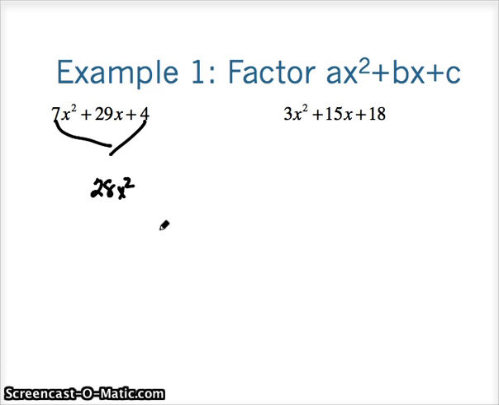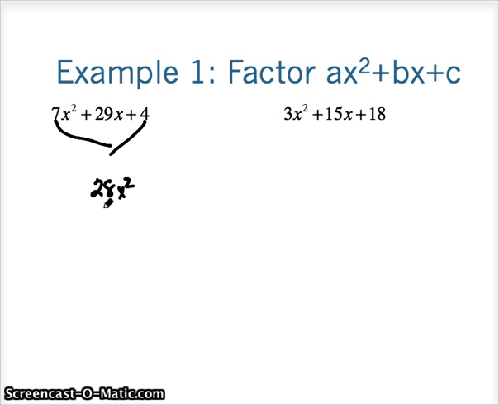That's the first step. Then the next step is to rewrite the problem such that you are replacing 29x with the sum of two numbers that multiplies to give me 28, but adds up to give me 29.